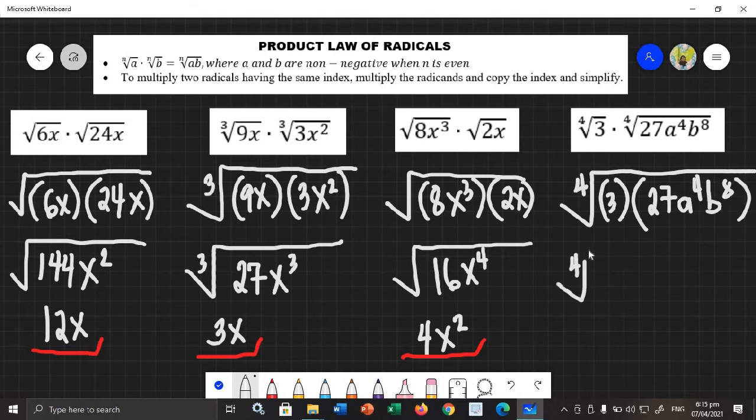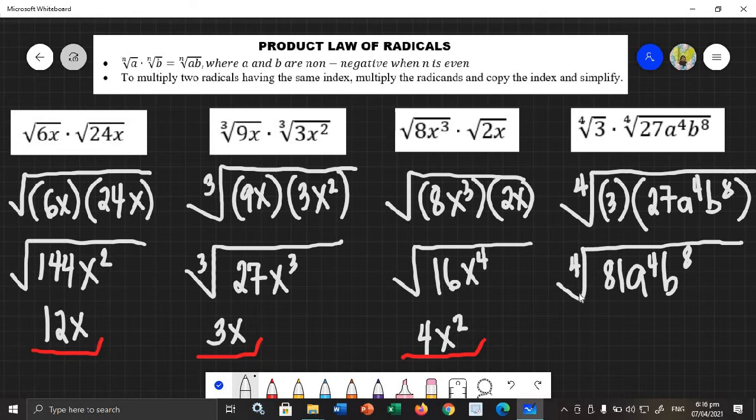And fourth root of their product, so 3 times 27, the answer is 81. Di ba? And copy the variables. So we have a to the 4th, b to the 8th power. And then simplify if needed.